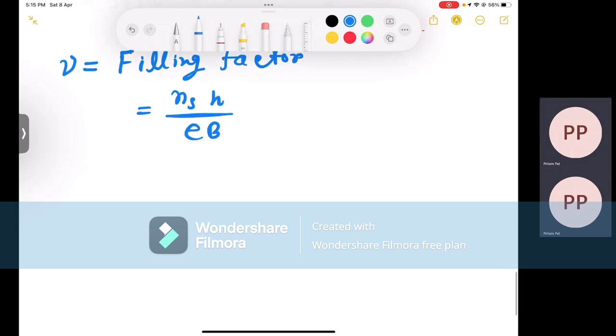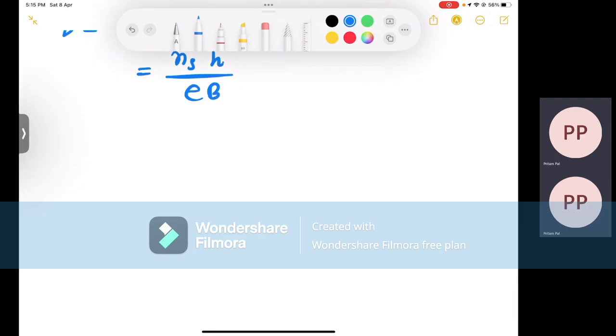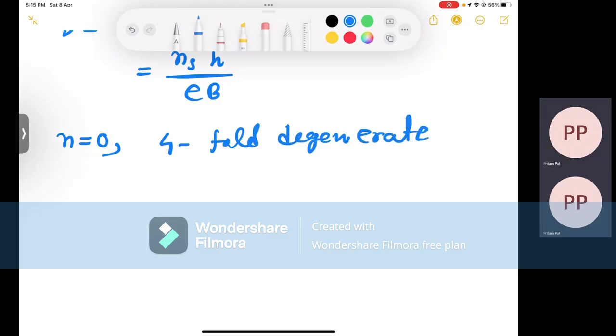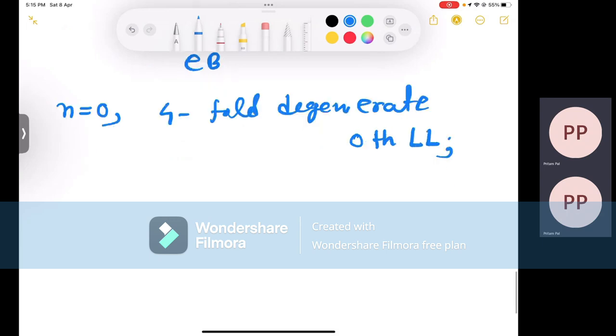And the Landau level, so at n equals 0, you will have a fourfold degenerate zeroth Landau level, right?